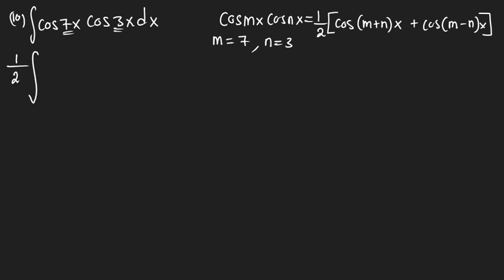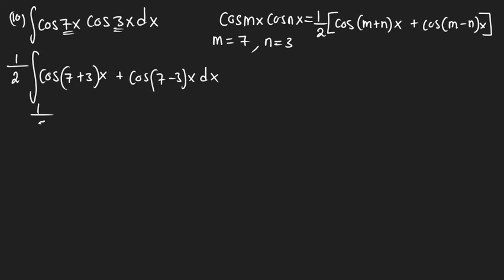Then we're going to have the integral of cosine of (7 plus 3) x plus cosine of (7 minus 3) x dx.